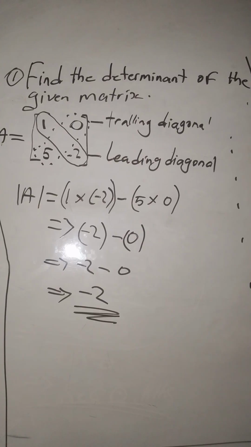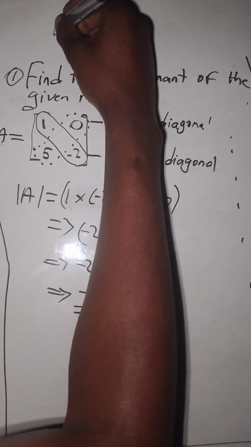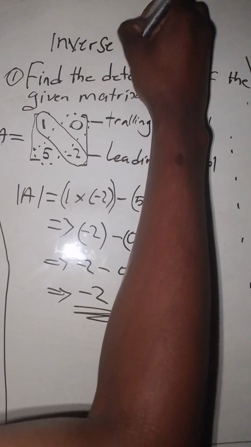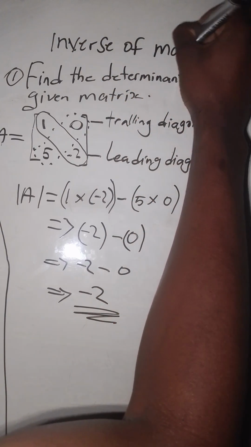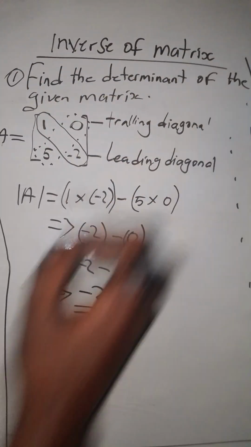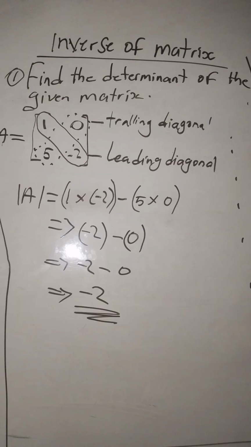Okay, so now this is the determinant. Having the determinant, how can we find the inverse of the matrix?